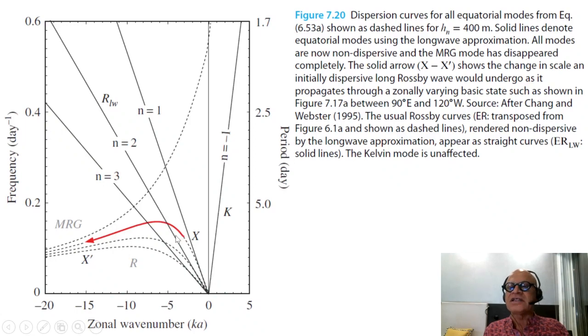So you can see that this solid red arrow is what a real Rossby wave would go through in a zonally varying basic state, as we saw before.